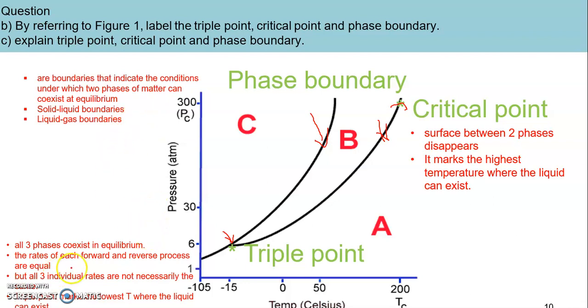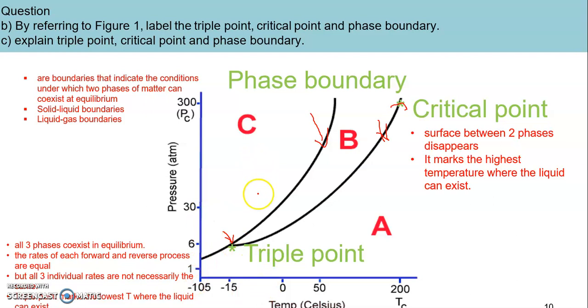So what is the triple point? Triple point is where all three phases, liquid, solid, gas, exist at equilibrium. So it means that the rates of each forward and reverse process are equal, but the compositions of the three phases are not necessarily the same.